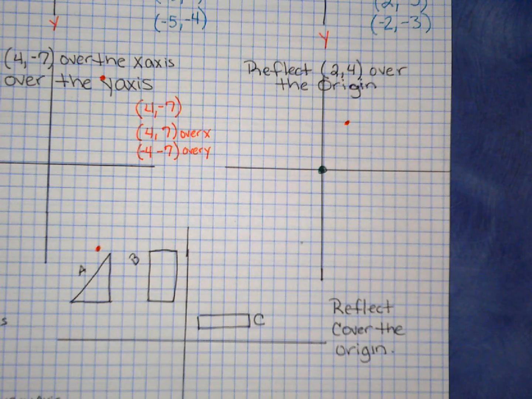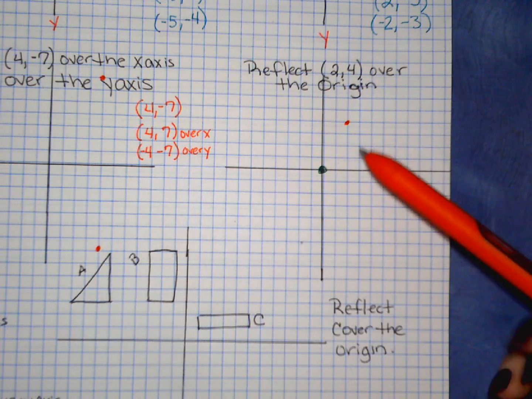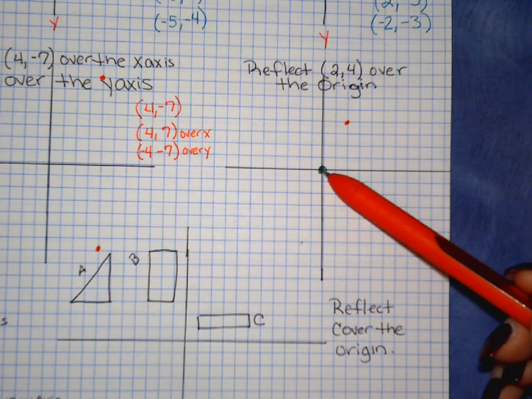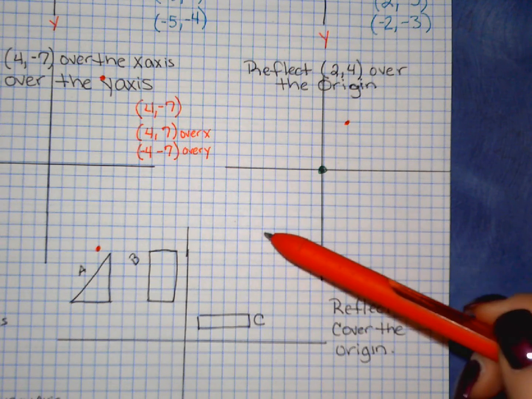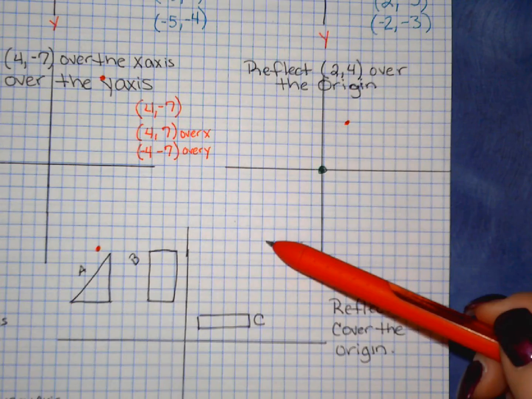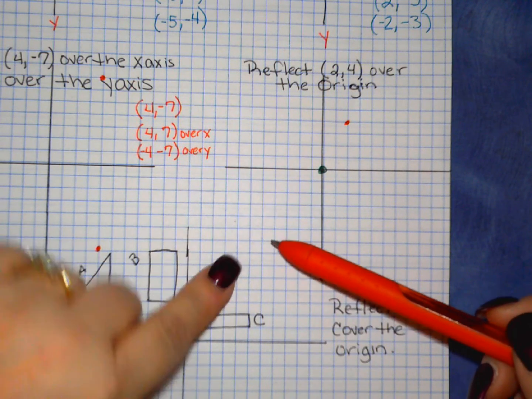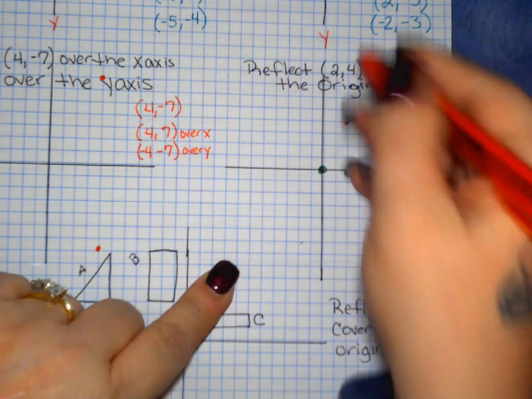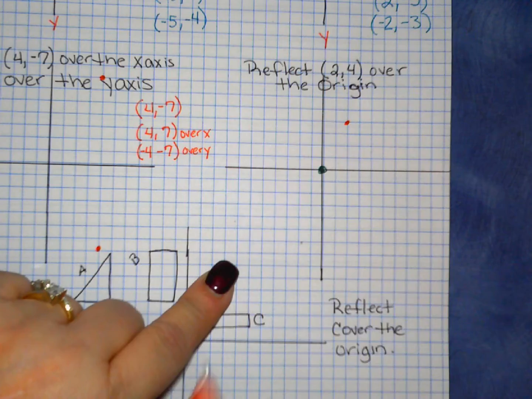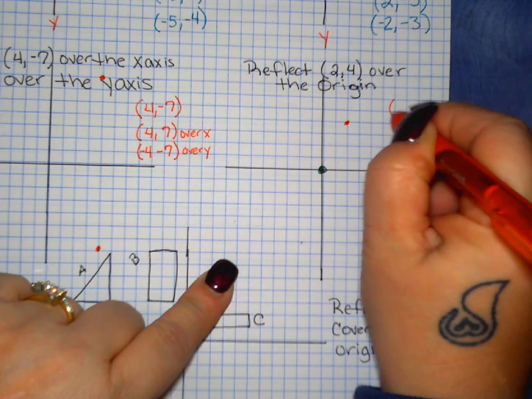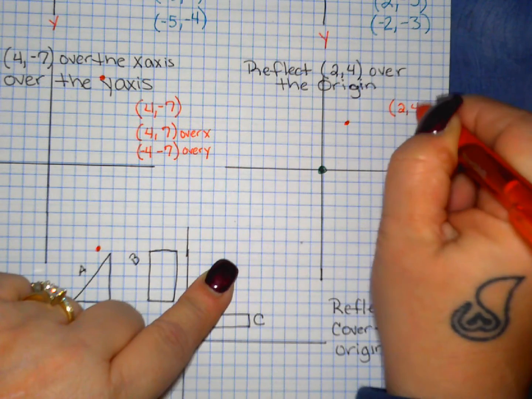Now, if I reflect over the origin, essentially I'm reflecting over this. So I'm going diagonal. Okay? And when I'm diagonal, I am opposite on both integers. So remember, we had (2, 4).